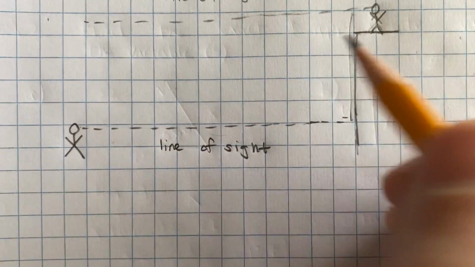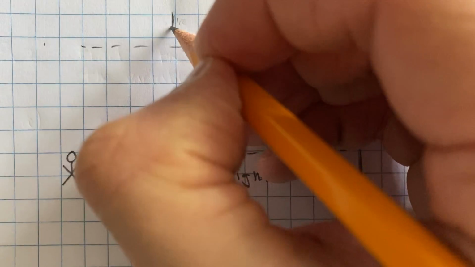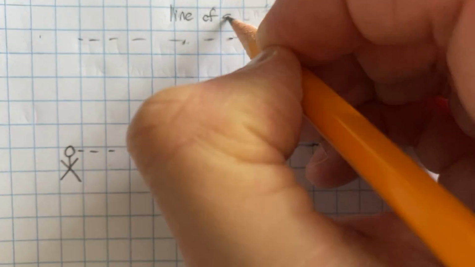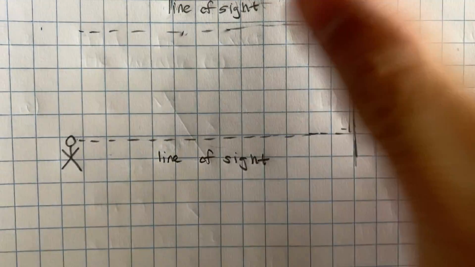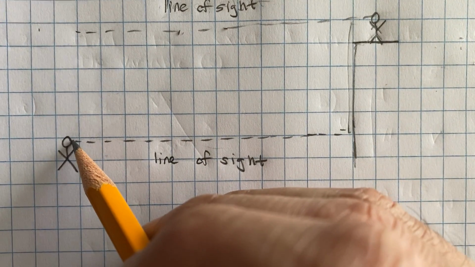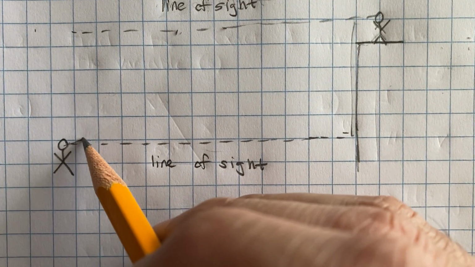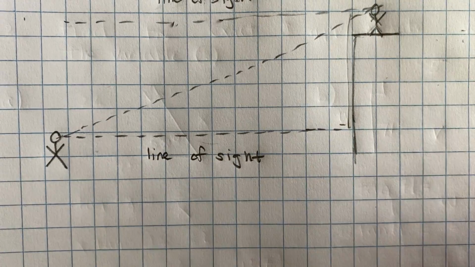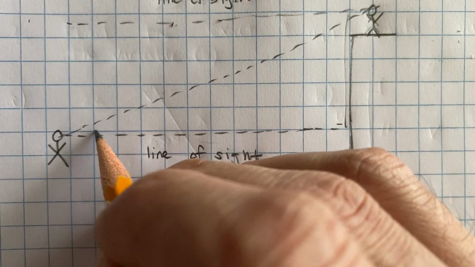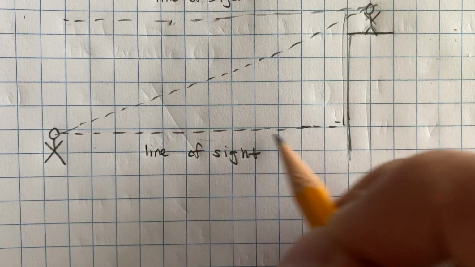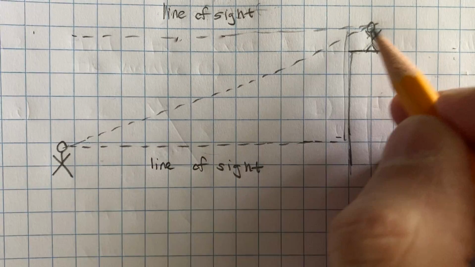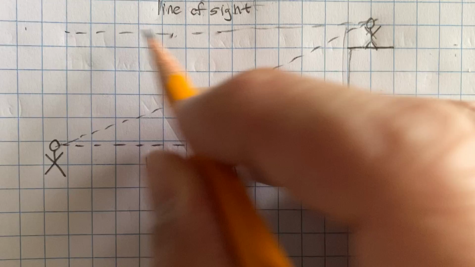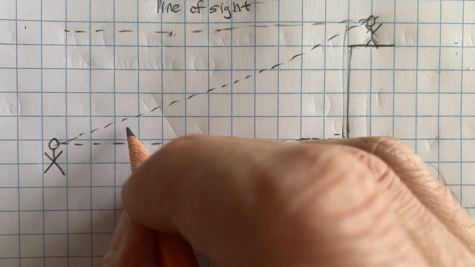Well, as you can tell right here, if I were to draw a line from here to here, this angle that's formed from the horizontal, which is the line of sight, to this other person who also has some kind of line of sight, is called the angle of elevation.